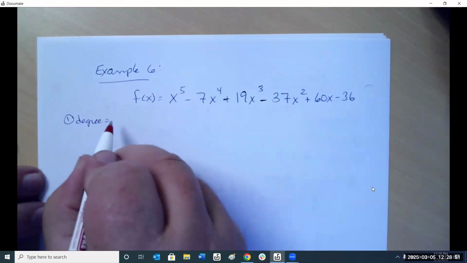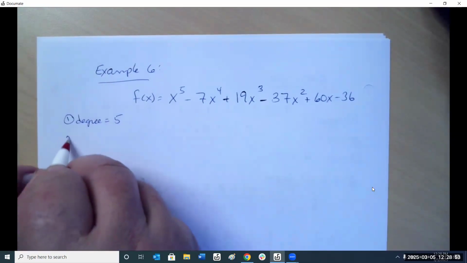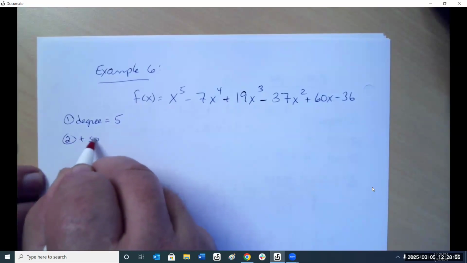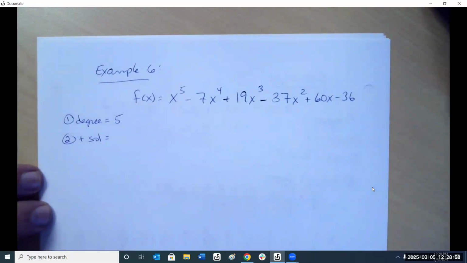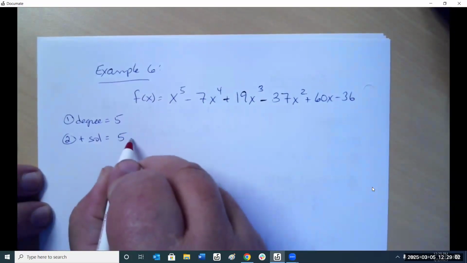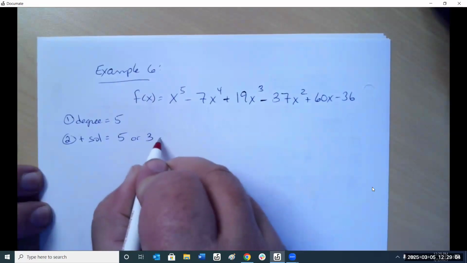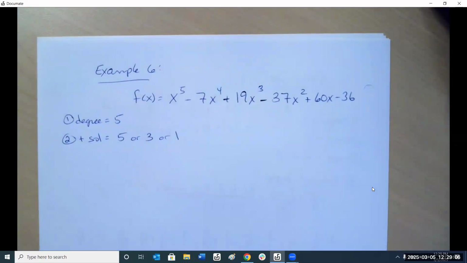So what's our degree? How many positive solutions? 5, or 3, or 1. Remember, you always have to subtract 2 for the complex conjugates.